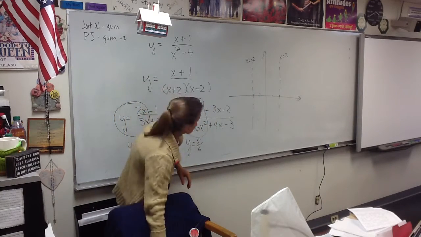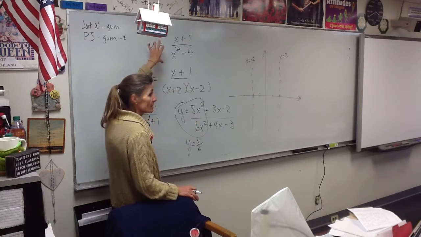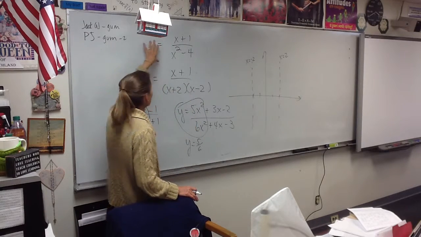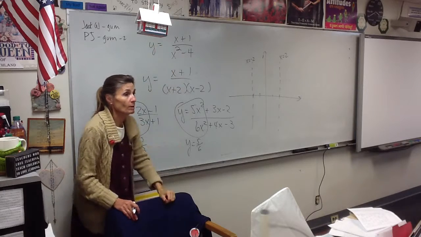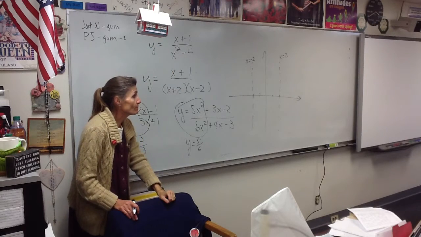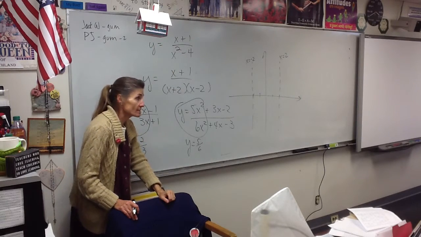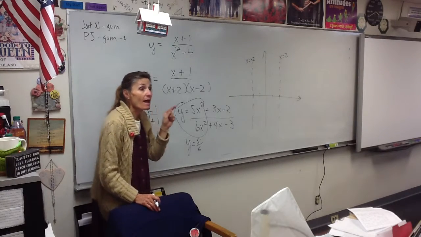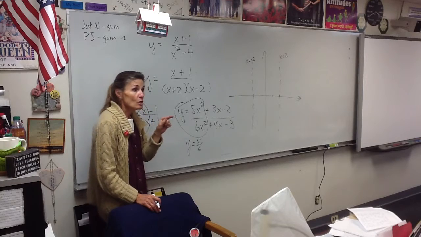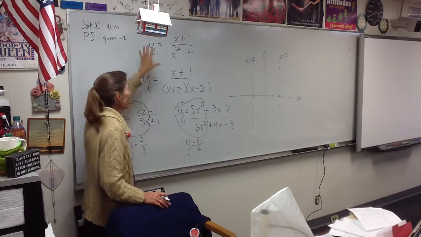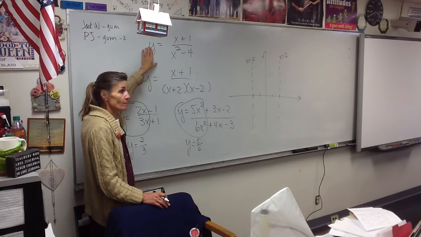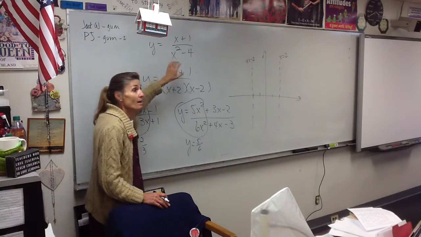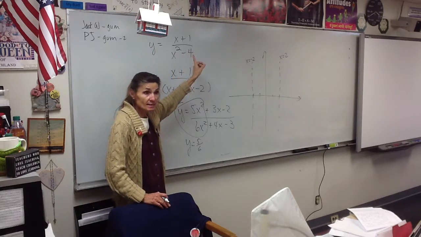Now, this becomes problematic in your problem. Because what do you notice about your problem? Jack? The x's aren't the same. And that's a problem. The x's have to be the same. So whatever is missing, what's the highest power in this problem? X squared. The bottom has one, the top doesn't.